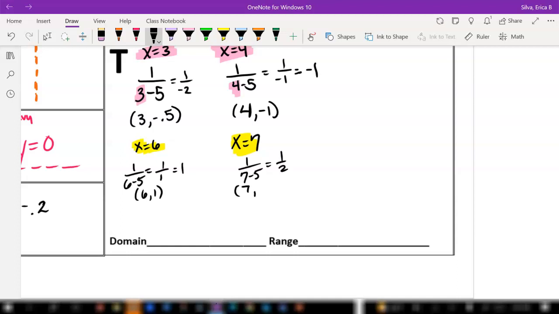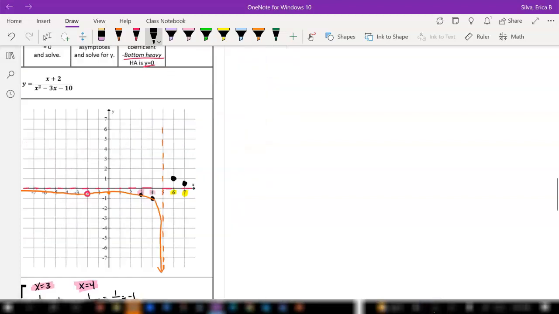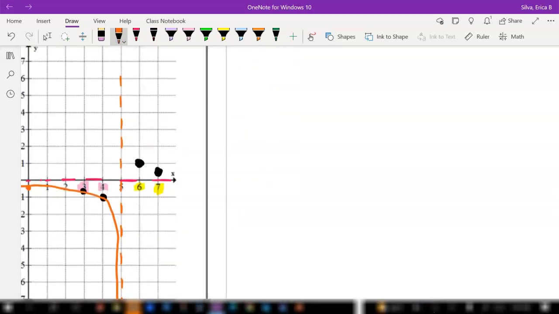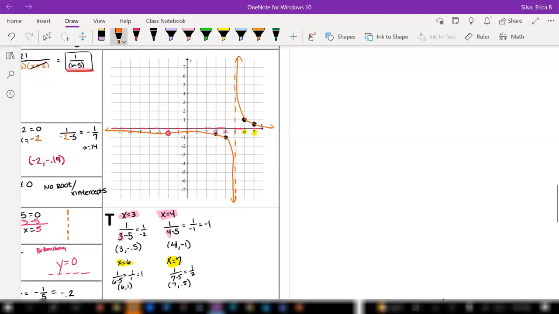So this point is at 7, positive 0.5. And we can more or less guess where, sketch the graph from here. So we know it's going to curve this way, getting close to the asymptote. And then the same thing to this side, getting close to the asymptote.